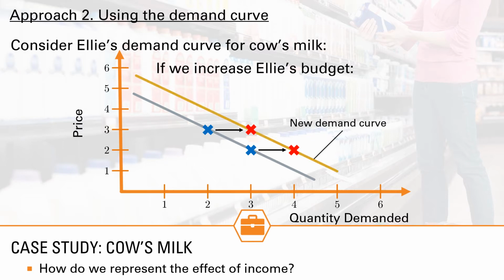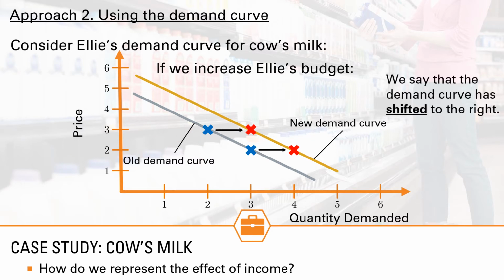So that's a new demand curve when we increase Ellie's budget, and that's this. The gray one here is the old demand curve from before we increased her budget. So in economic terms, we say that the demand curve shifted to the right. This is a very important concept in economics, the shifting of the demand curve, and we'll have this again when we get to supply.